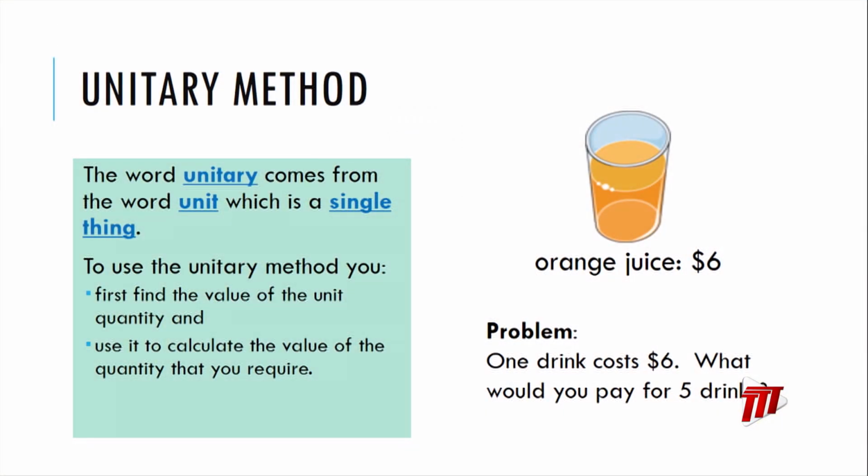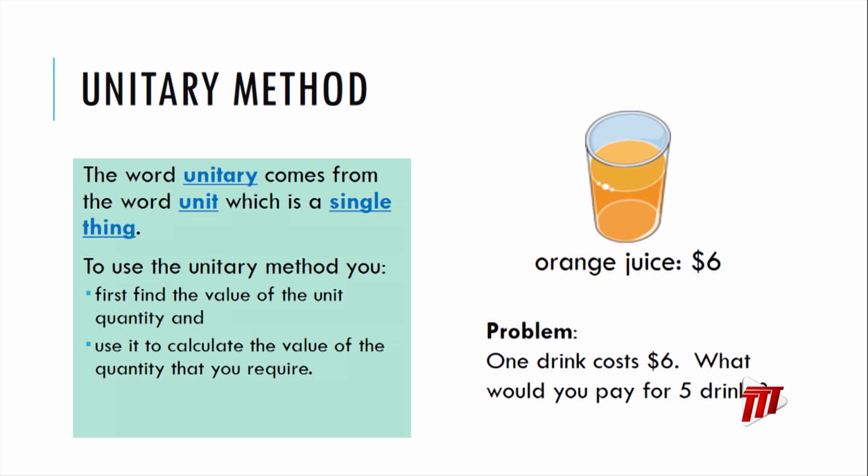On the screen here, we have a glass of orange juice for $6. And our problem is, 1 drink costs $6. What would you pay for 5 drinks?